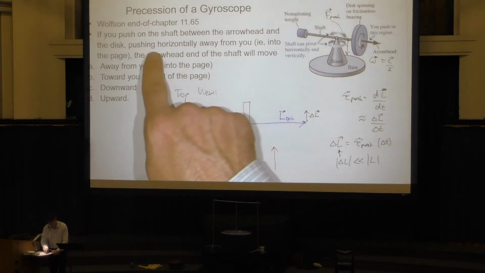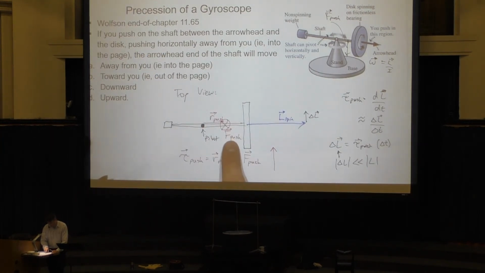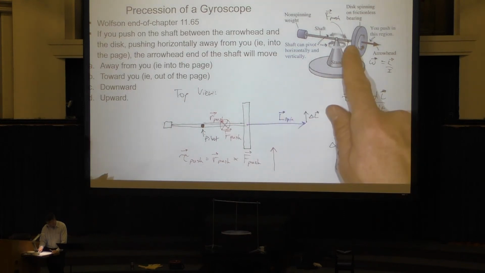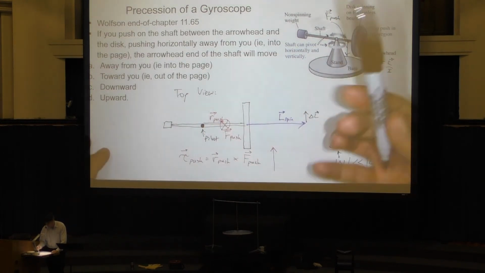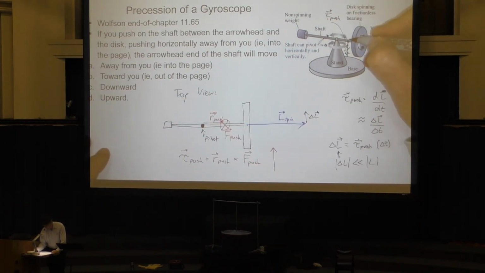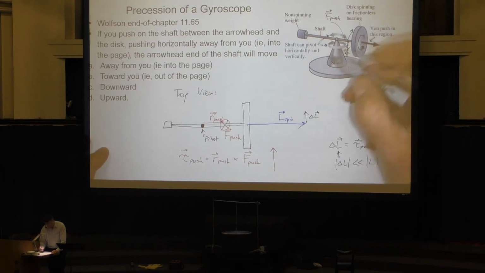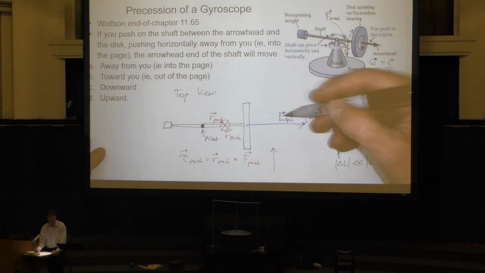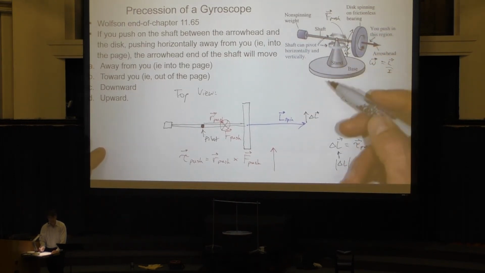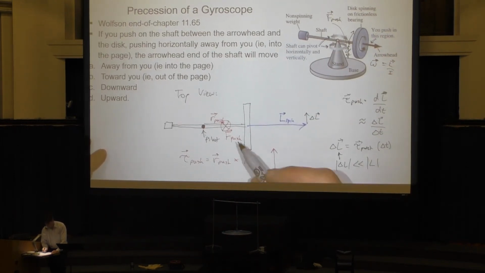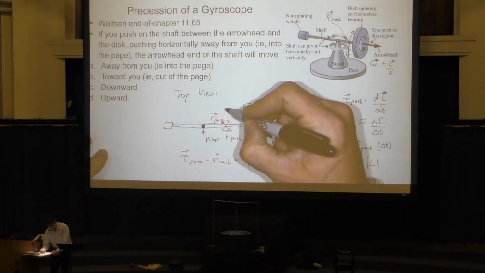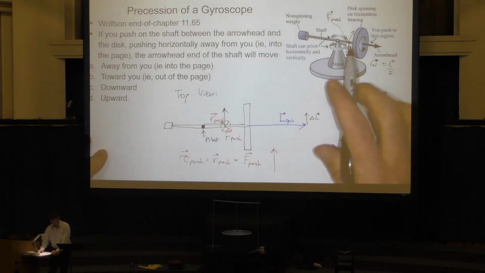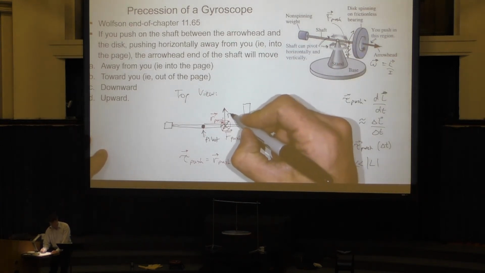Yeah, this is what's wrong here. Okay, so I've got this pushing horizontally away from you. I think I've drawn that wrong. So this push vector, sorry, I've completely messed up this whole problem. So this would be right if you were pushing down, like gravity would push, then you would turn this way. So, sorry for the dog's breakfast here, but this now pushing force is this way. Does that make sense? You're looking top view, you're pushing away from you in this diagram, so this is your F push.